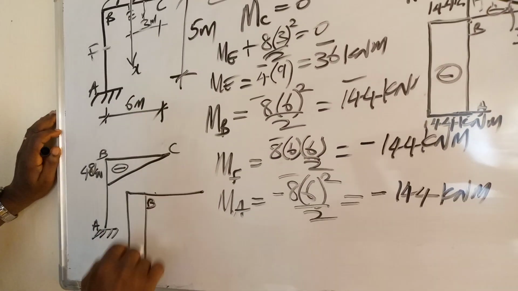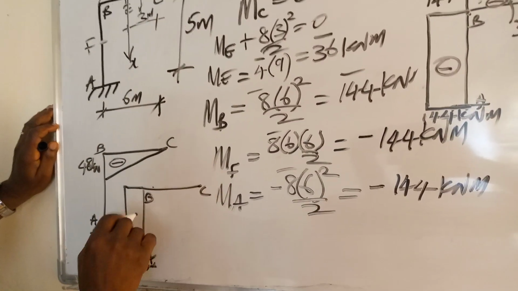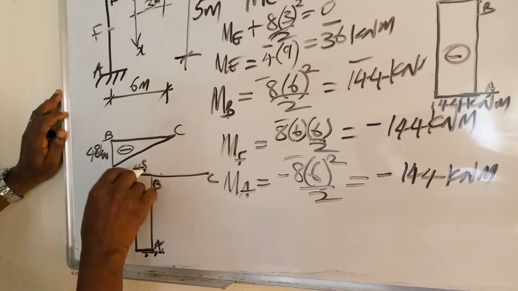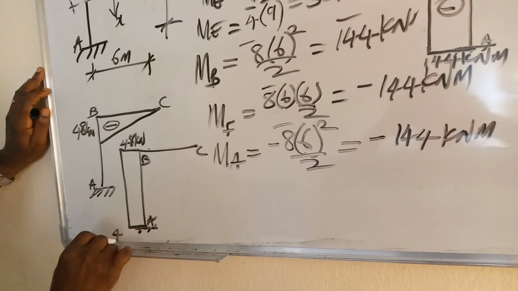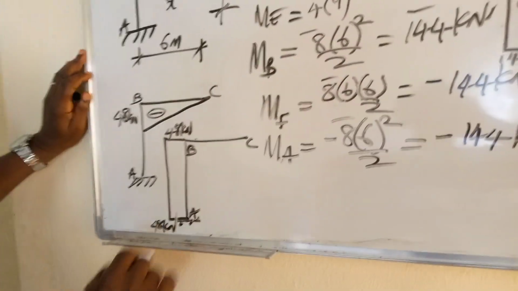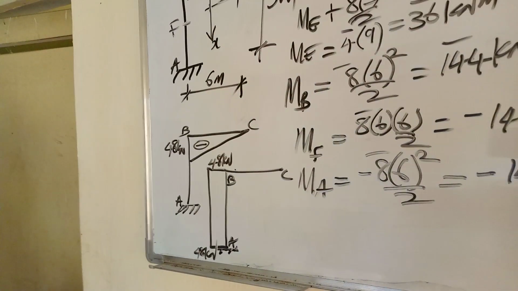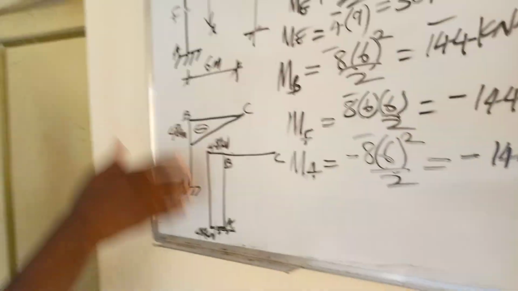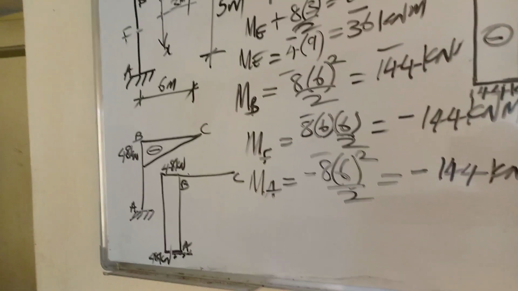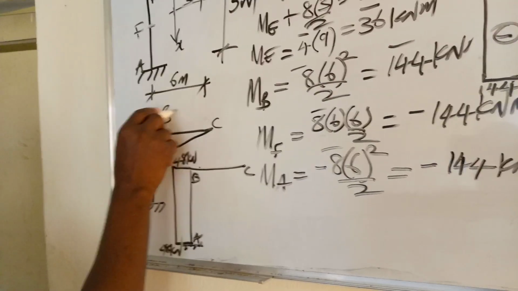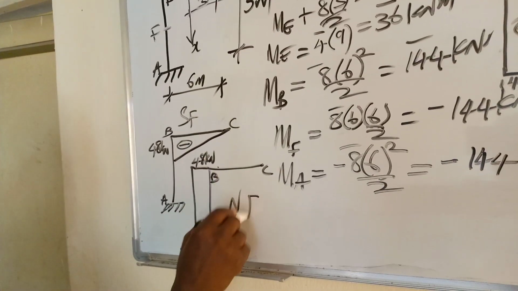This is B, this is A, this is C. This is the normal force, 48 kilonewton. That is the normal force on AB. That's where normal force is. So we have shear force here, normal force here, this is bending moment.